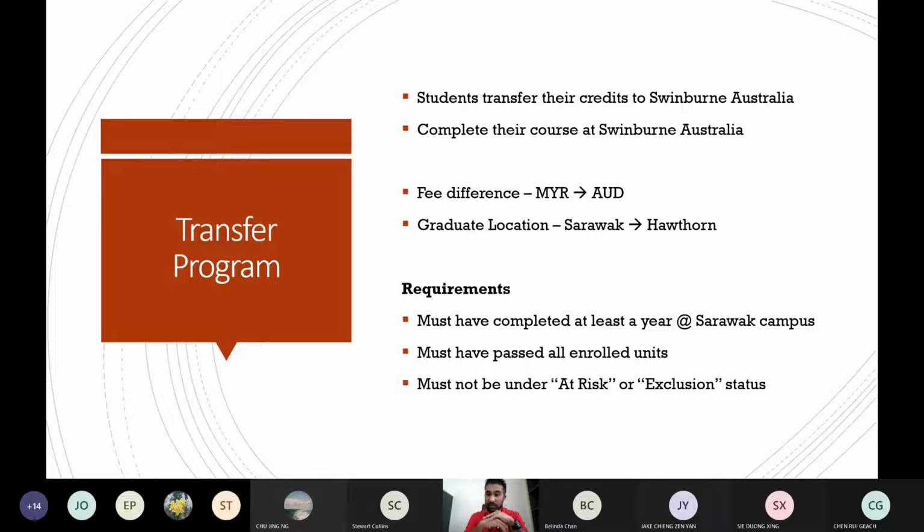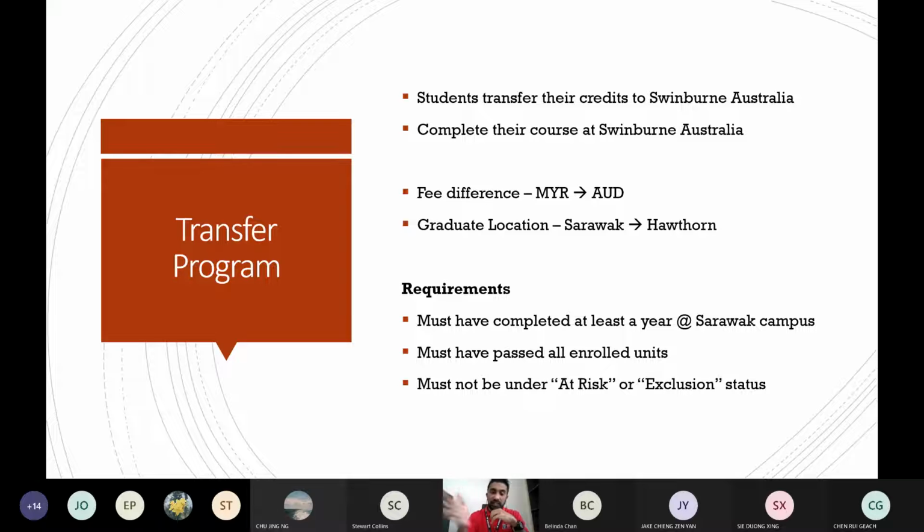You're withdrawing from Swinburne Sarawak and you will join Swinburne, Australia, and complete your course there. For example, if you do a year at Sarawak campus and you want to do your final 2 years in Melbourne, you can do that. The last 2 years you spend in Melbourne and you will graduate in Melbourne.